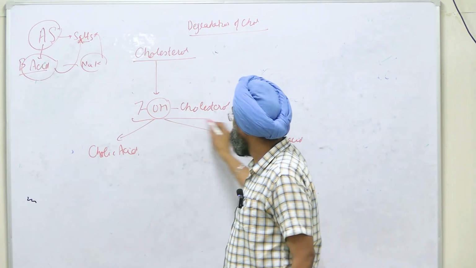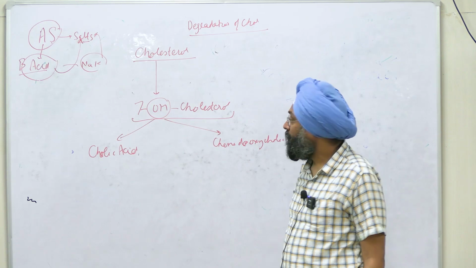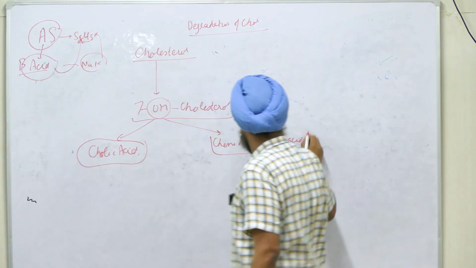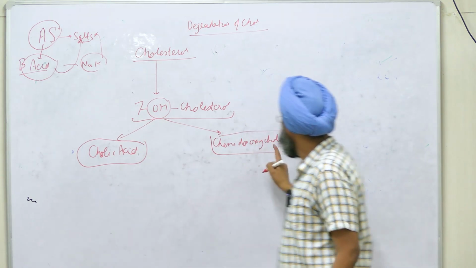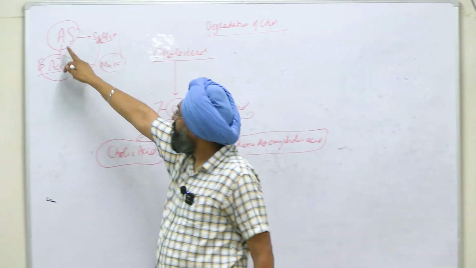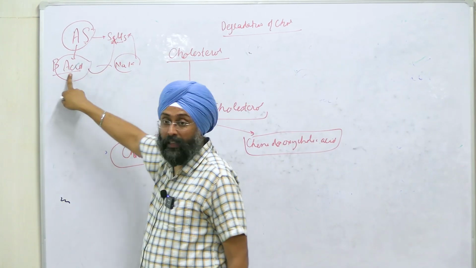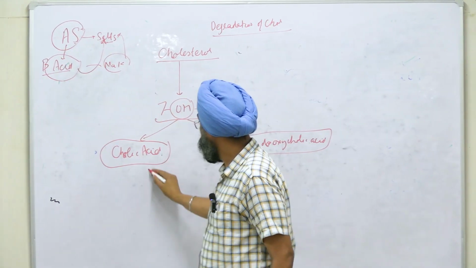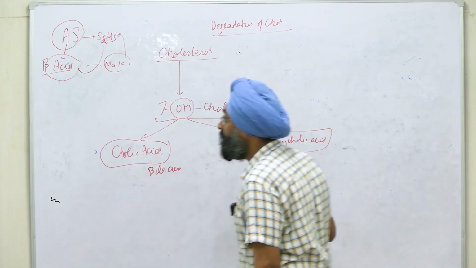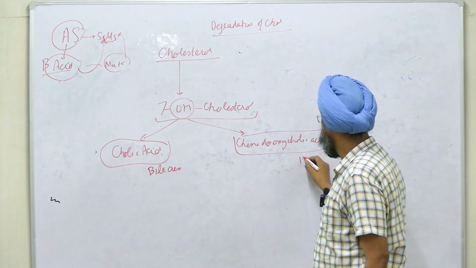Now start, we have cholesterol. It is first converted to 7-hydroxy cholesterol. Later, by multiple steps, it is converted to cholic acid and chenodeoxycholic acid. What was the mnemonic? AS. A for acid. These are bile acids, right?